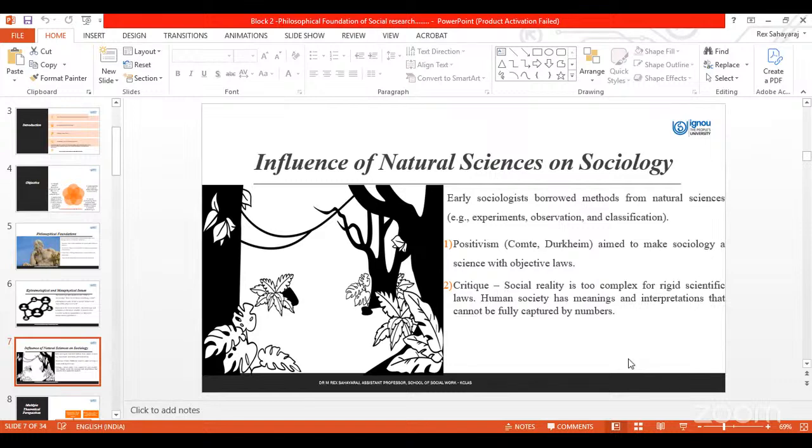Collecting data and drawing data in a rigid way is highly possible in pure science research, but it is not essential to be maintained in social science research. This is a major criticism of positivism.